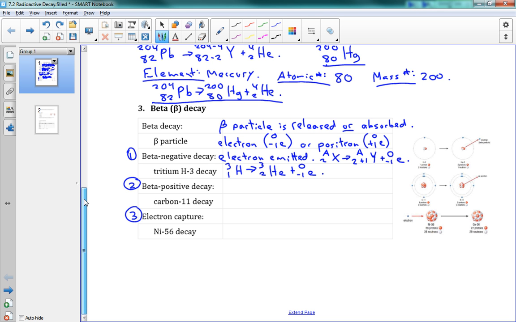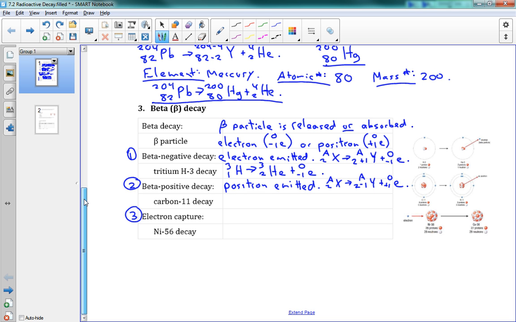All right, we also have beta positive decay. This is where a positron is emitted. We have again an equation for this. We've got ZAX goes to, in this case, Z minus 1 because we're losing a positron, Y plus 1 0 E. That's our positron.